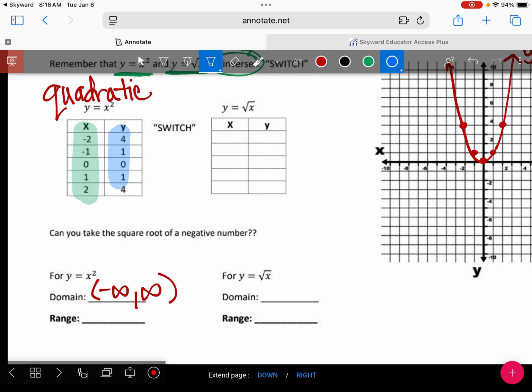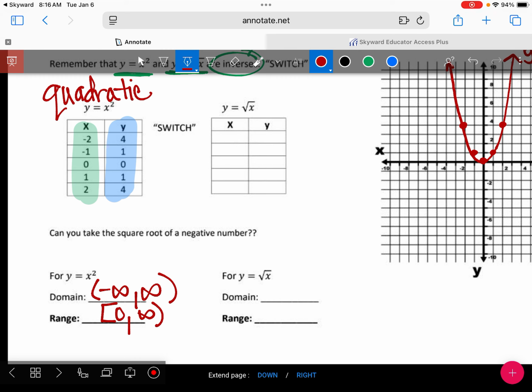But when you look at these numbers that you see highlighted in blue, are any of those numbers negative? No, they're only positive. So my range isn't everything. It's only positive numbers. So we would write that as bracket 0, comma, to infinity. That's our range.